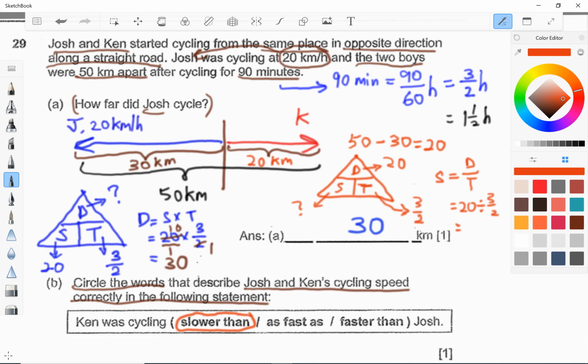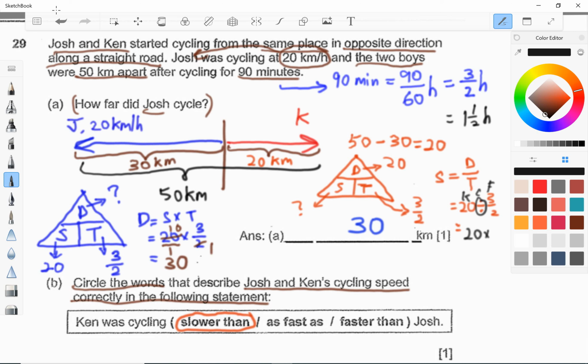The children in Singapore actually learn this, whole number divided by fractions, in primary 6. They either learn the KCF or KFC, it doesn't matter. Let's say they are using KCF: keep, change, flip. K, keep the left side, so they keep the 20. Then C, they change the division sign to multiply.